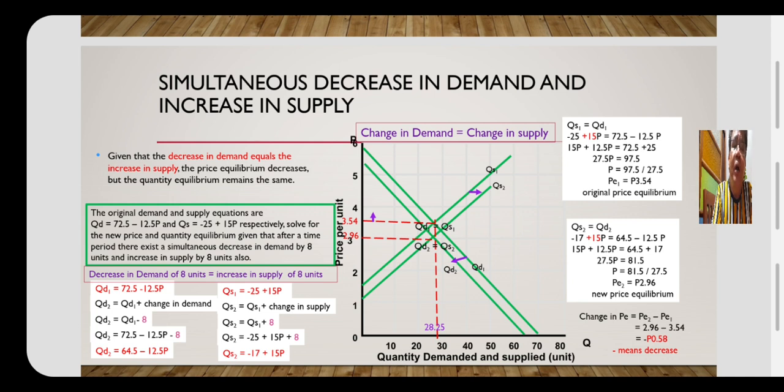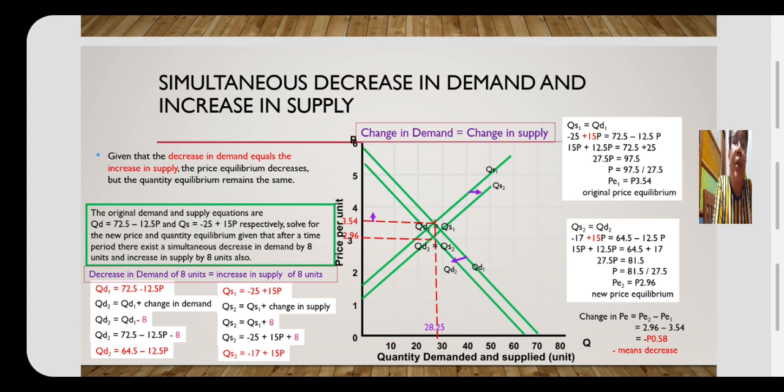If the change in demand is added to the original demand equation, we can derive the new demand equation. So the new demand equation is QD sub 2 equals 64.5 minus 12.5P.